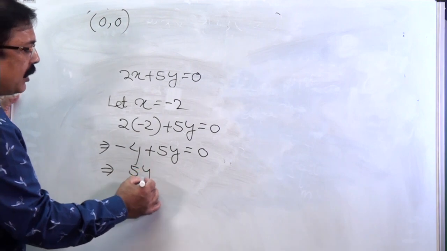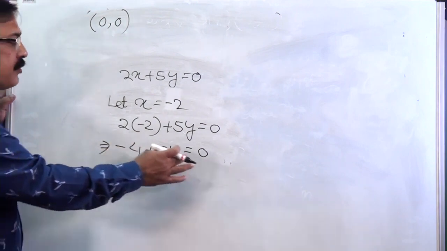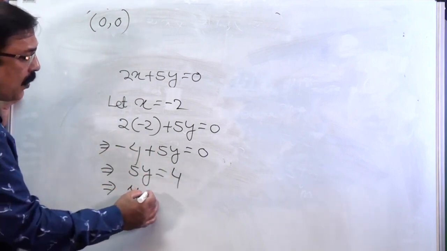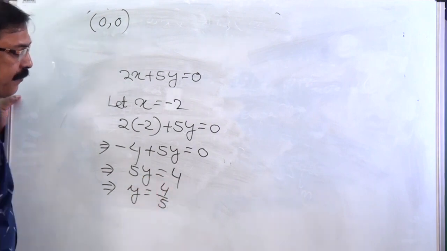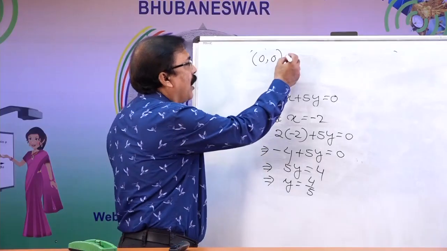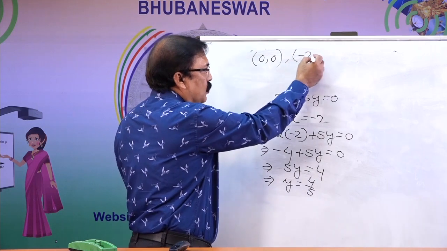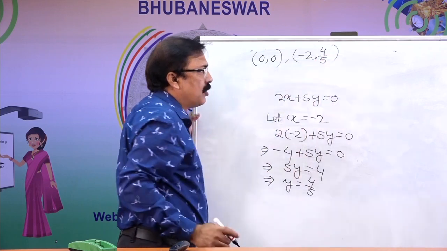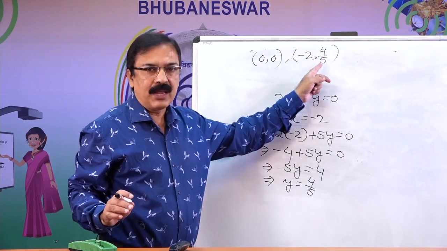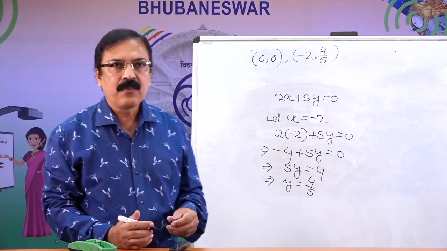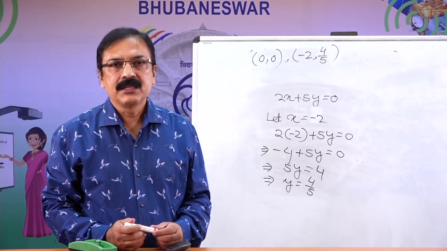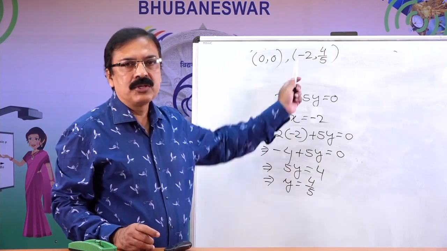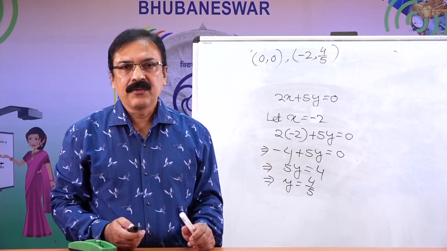So 5y is equal to 4, as minus 4 comes to the right side. And what is y? y is 4 by 5. That means if we put the value of x as minus 2, we get the value of y as 4 by 5. So these values of x and y, that is minus 2 and 4 by 5, satisfy this equation. You can verify it. So these are the two solutions of the given equation.